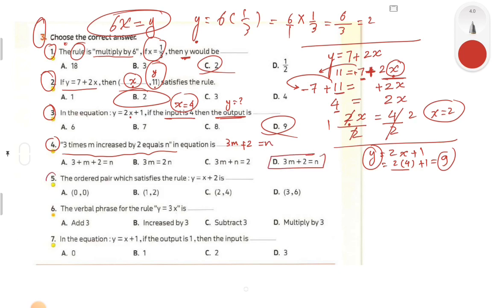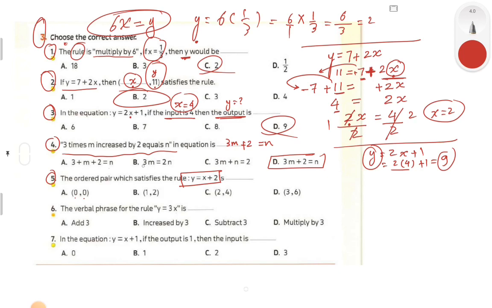Next one, 5. The ordered pair which satisfies the rule y equal x plus 2. I have here an equation and some ordered pairs. I need to find out which one is correct for this equation. Try with me. I have x and y.